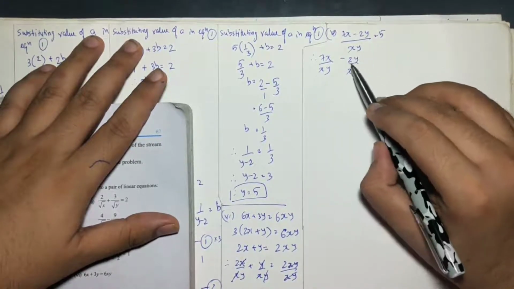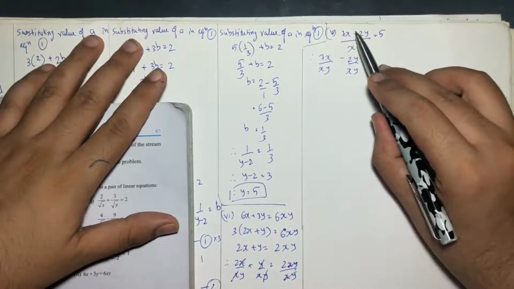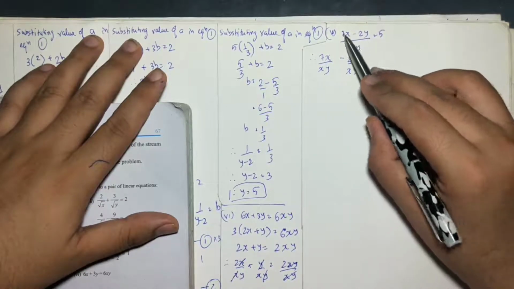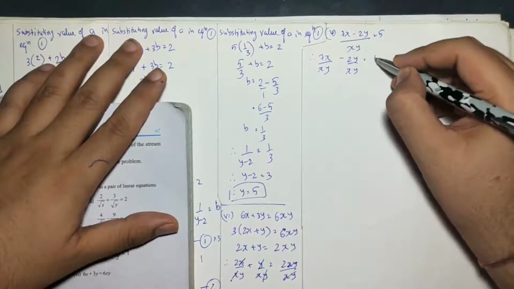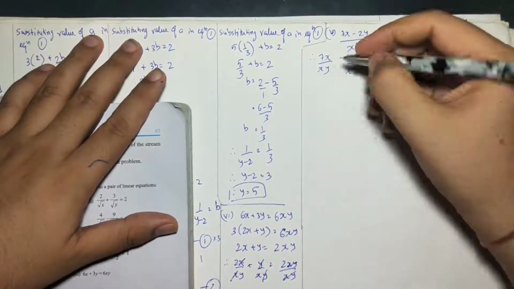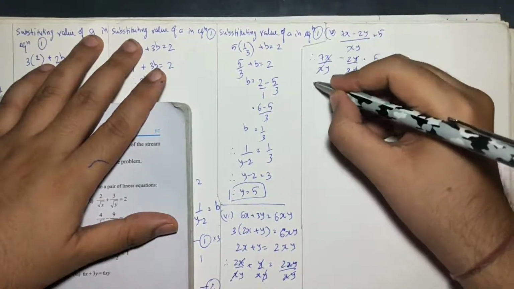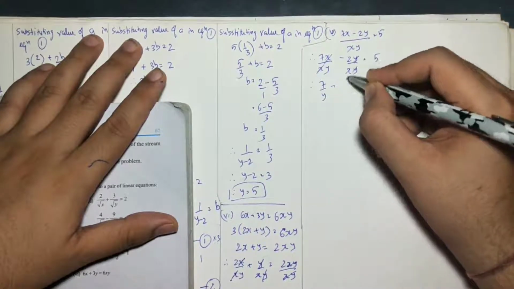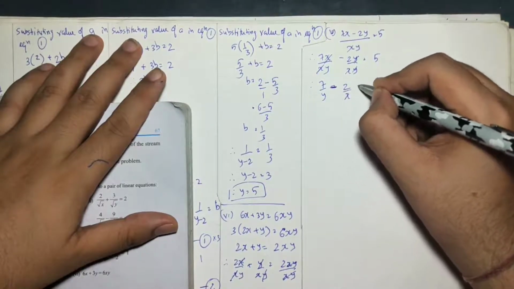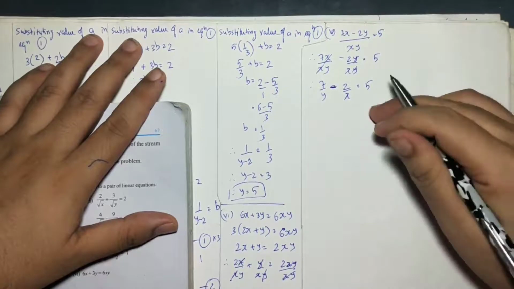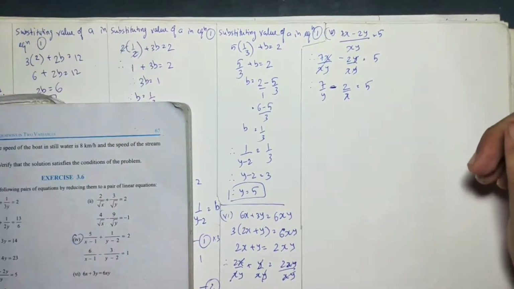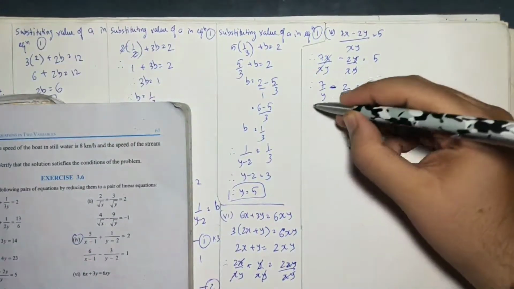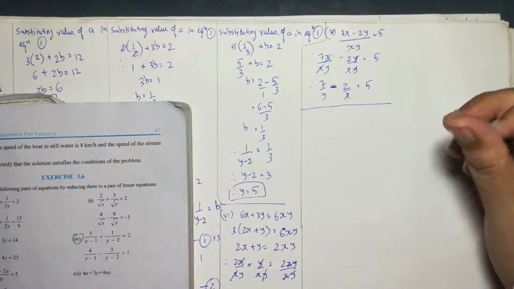If there is a common denominator of a binomial, this denominator can be individually applied to both the terms and it will convert this to this. x cancels, y cancels, this will become 7 by y and this will become minus 2 by x equals 5. Now you know what to do. 1 by x equals a, 1 by y equals b, in that form, and you will be able to find it.